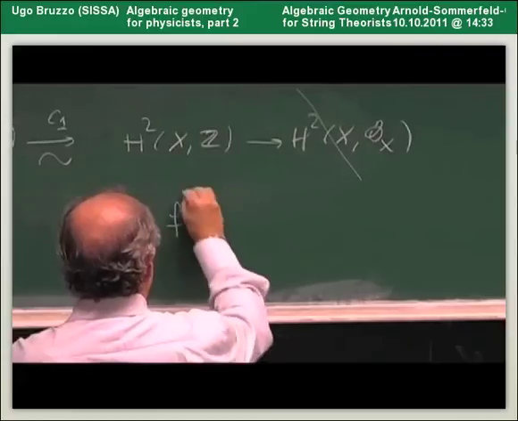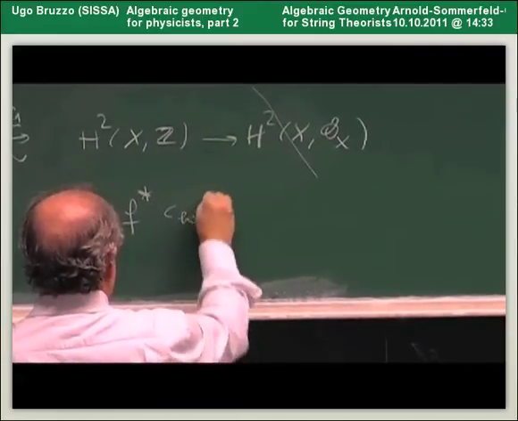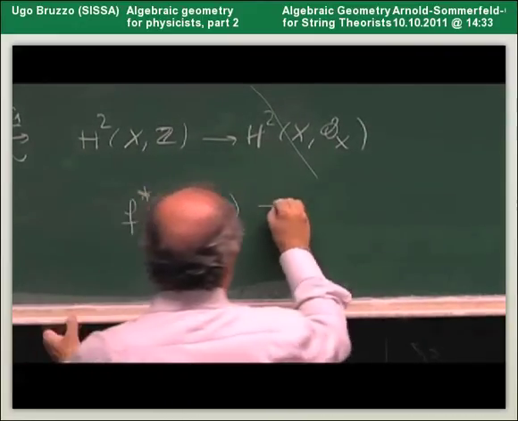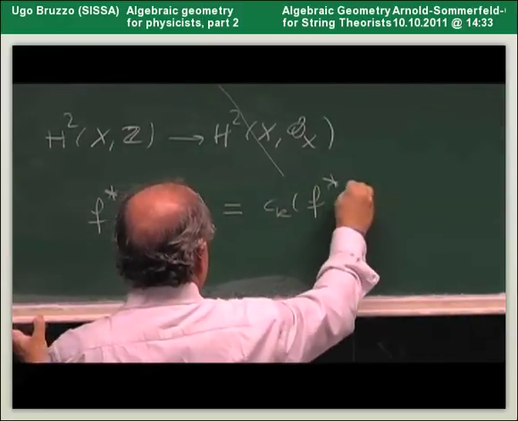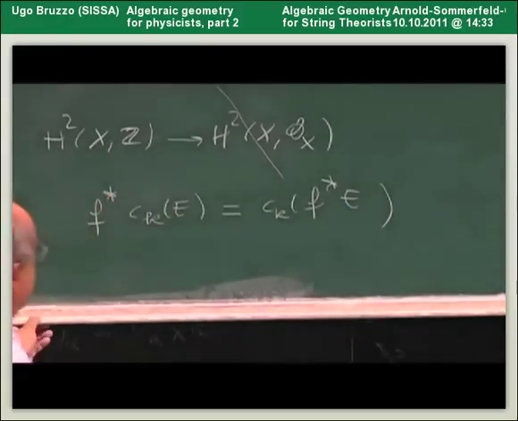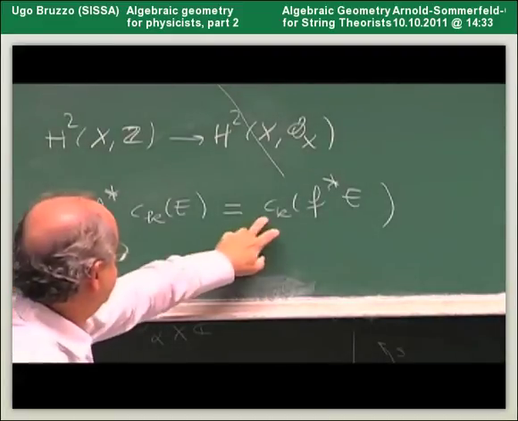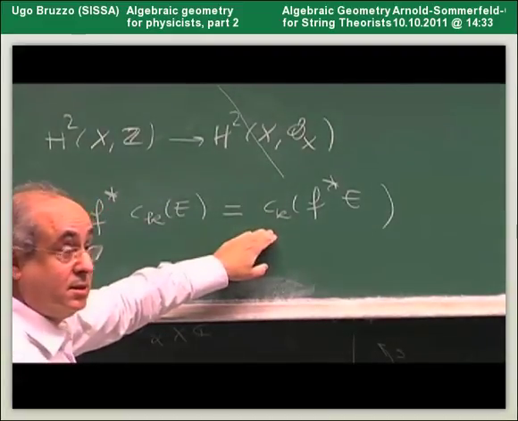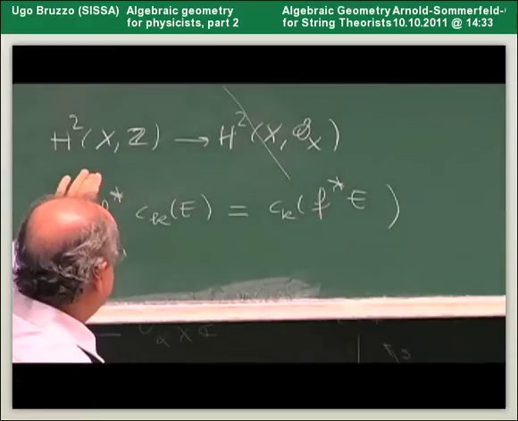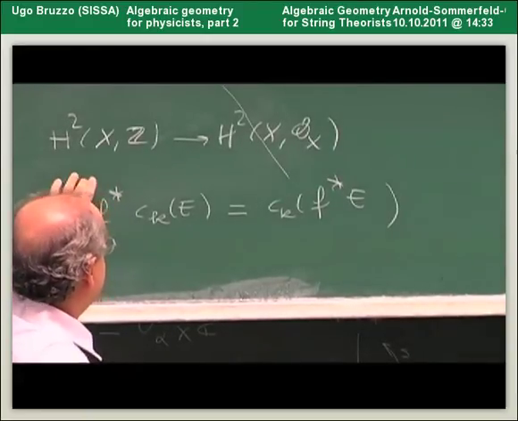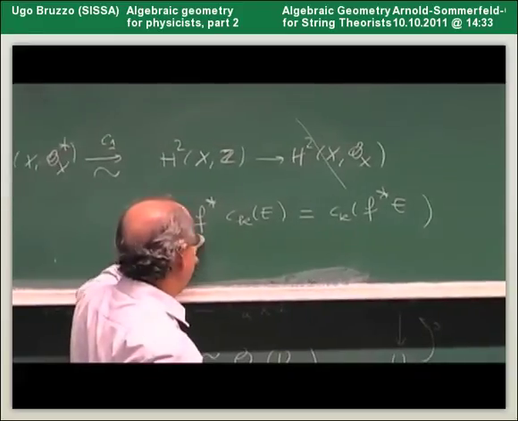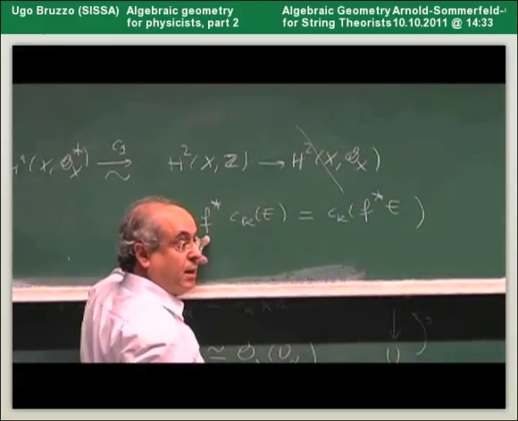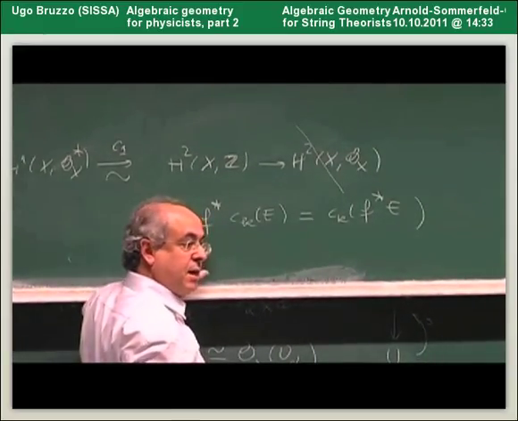So I wrote that the pullback, this is the Chern classes of the pullback. So first we need that this makes sense. And second, we need that this identifies the Chern classes. So we need this to be injective in cohomology. And you prove that this can always be done.